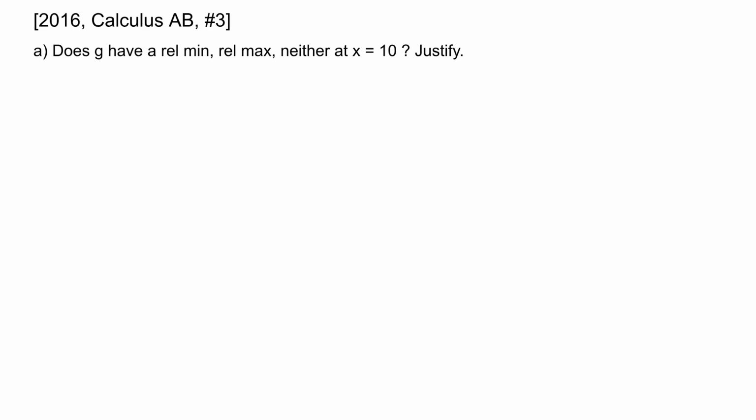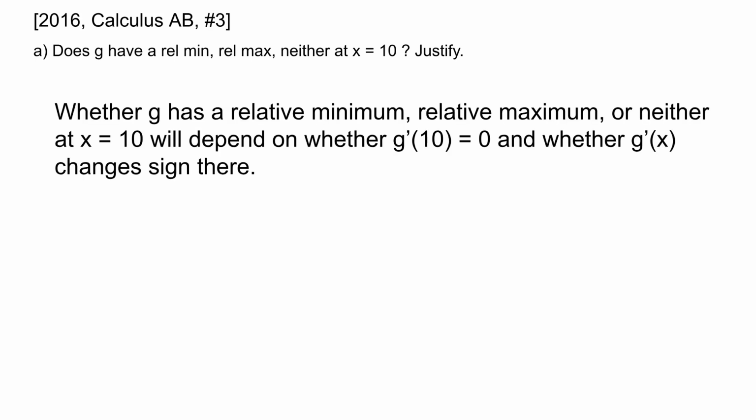In part A of the question, we are asked if g has a relative minimum, relative maximum, or neither at x equals 10, and to provide a justification. Whether g has a relative minimum, relative maximum, or neither at x equals 10 will depend on whether g prime of 10 equals 0 and whether g prime of x changes sign there.